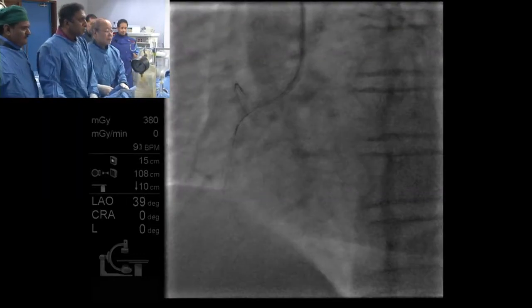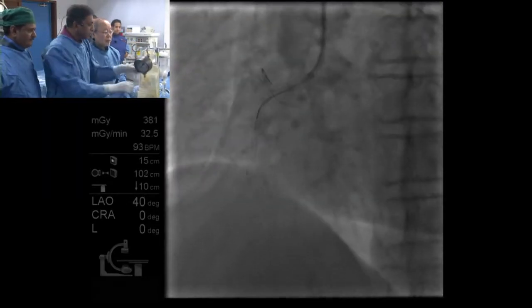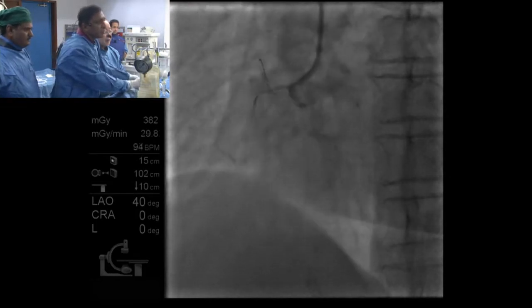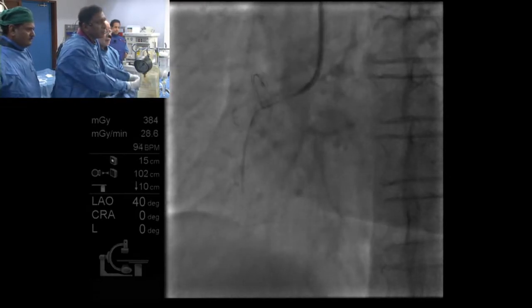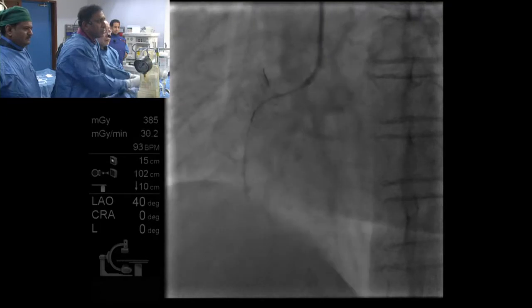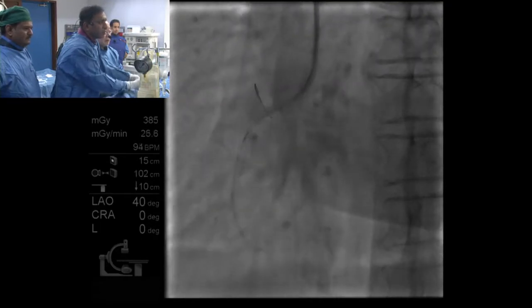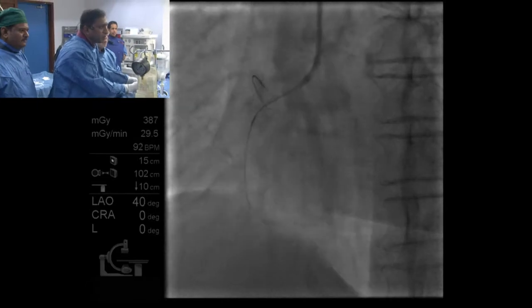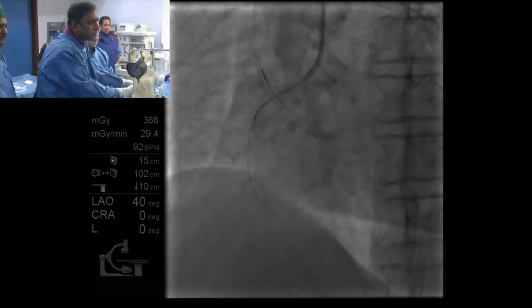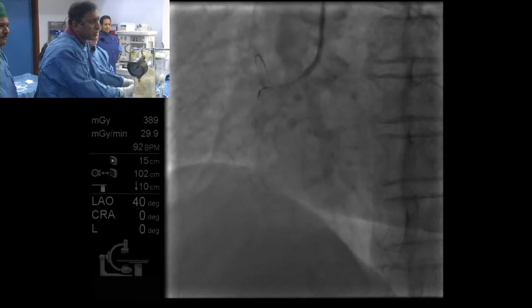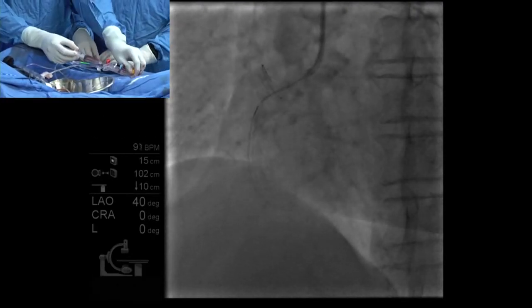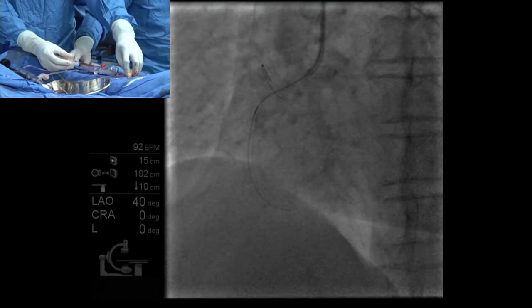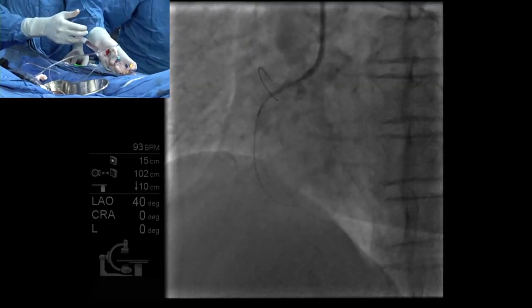Deep movement is good. It's good. Looks good. I'm not sure. Okay, take a picture. Sorry. Okay.